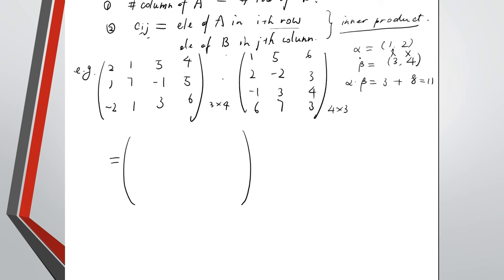So we see that the final product's subscripts will come from the matrix A's first subscript and the matrix B's second subscript. So we have a 3 by 3 matrix as the product of this one and this one. Alrighty, so maybe you can pause the video for a minute and calculate it. And maybe you can use a stopwatch to see how many minutes you spend on it.